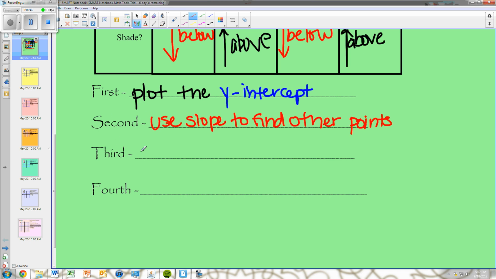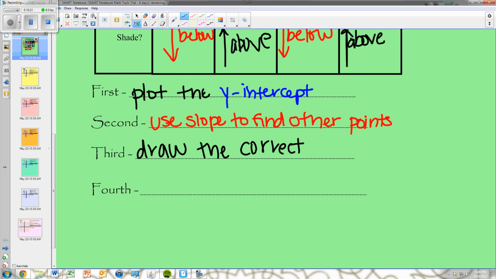The third step is still that we're going to draw our line, but we need to make sure that we draw the correct line, which is going back to our dashed and solids.